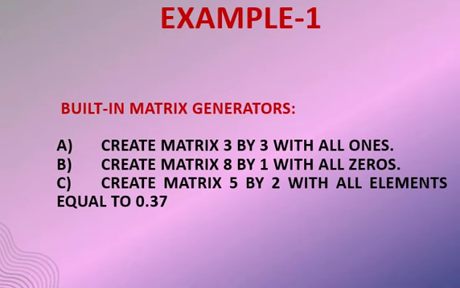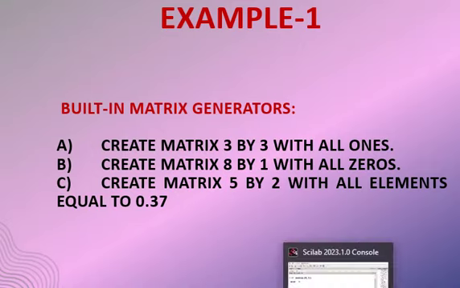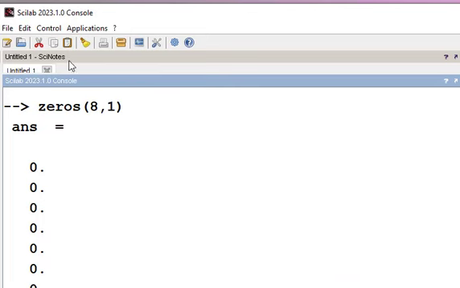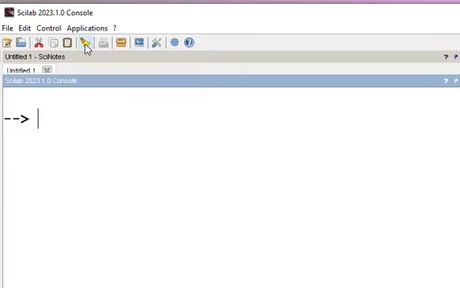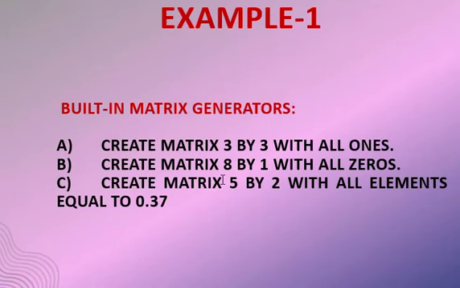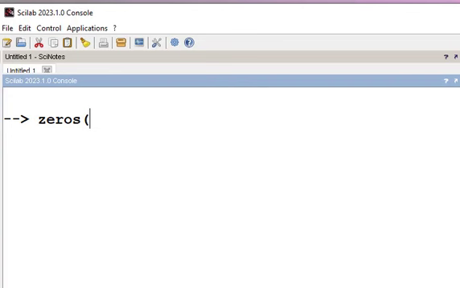Second one is I need to create an 8 by 1 matrix with all zeros. So for all zeros I will write zeros(8, 1), 8 rows 1 column, and these are the values. The next is create a matrix 5 by 2 with all elements equal to 0.37. So either I can create zeros of dimension 5 by 2, and then add 0.37 to the matrix itself.